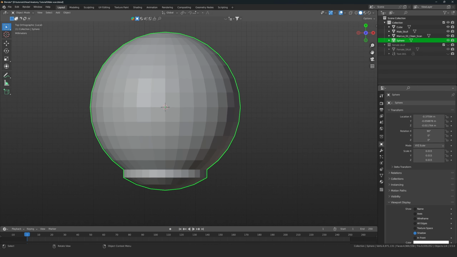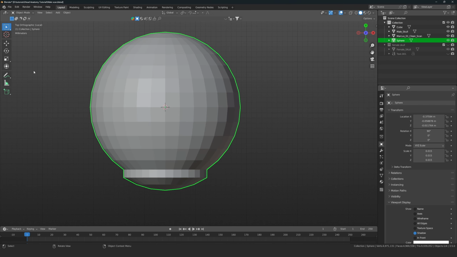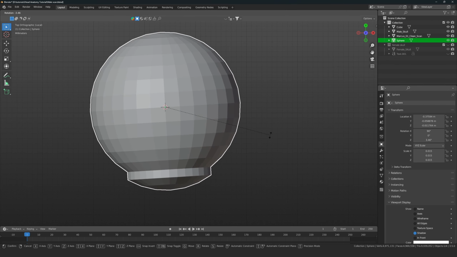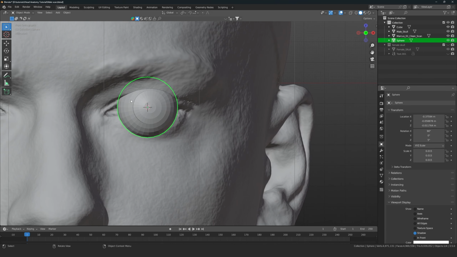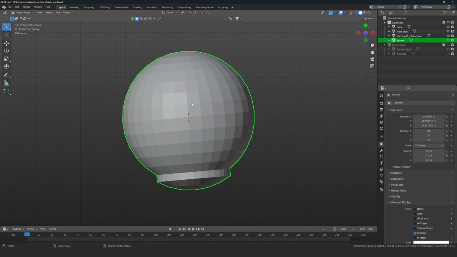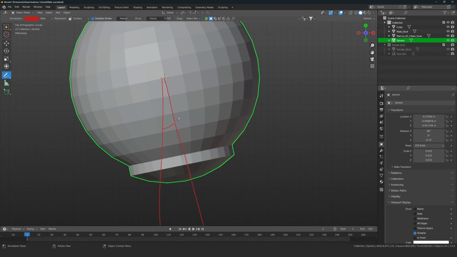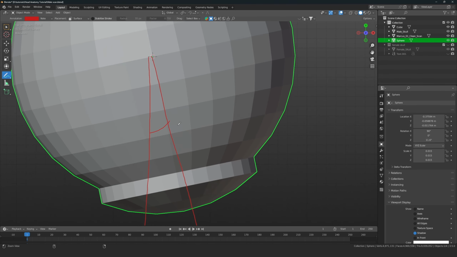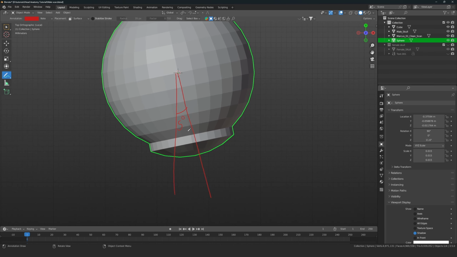You can just look at it right over here, by the way. You can see how much I'm rotating. So -5 is what I'm going to type, and this is actually the angle. So always make sure that you get this angle right, and I am going to be drawing that actually. This angle right over here is supposed to be 5 degrees. So whenever you are creating your eyeball, make sure that you get this angle right.